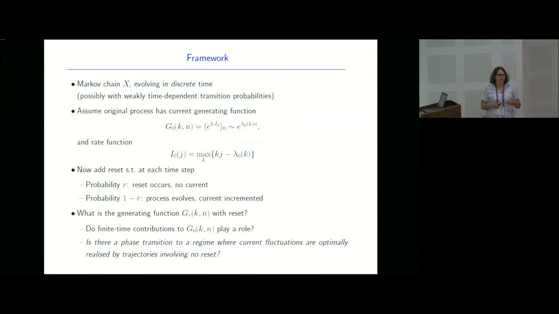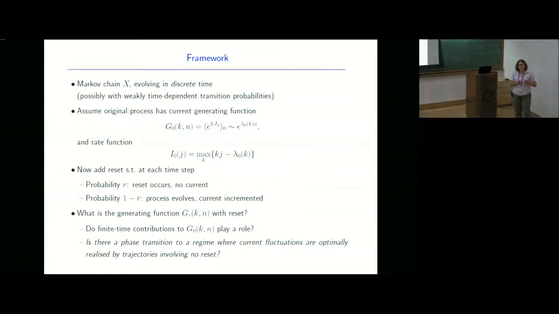In particular, if you have a finite length of time between resets, you might expect that perhaps the finite time corrections to this G0 play a role in this generating function. And you might imagine that for a particular value of current, there's some optimal frequency of resets which will realize that fluctuation.